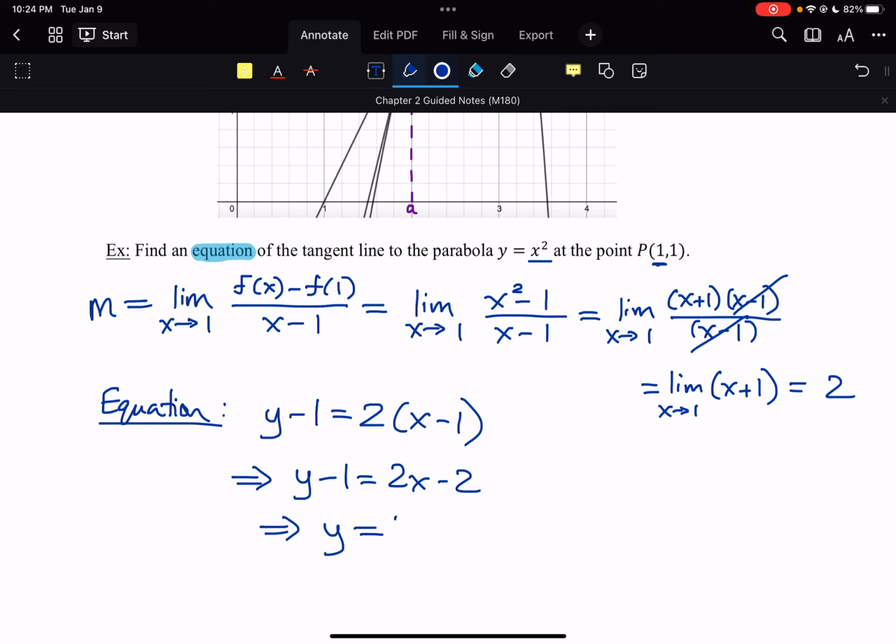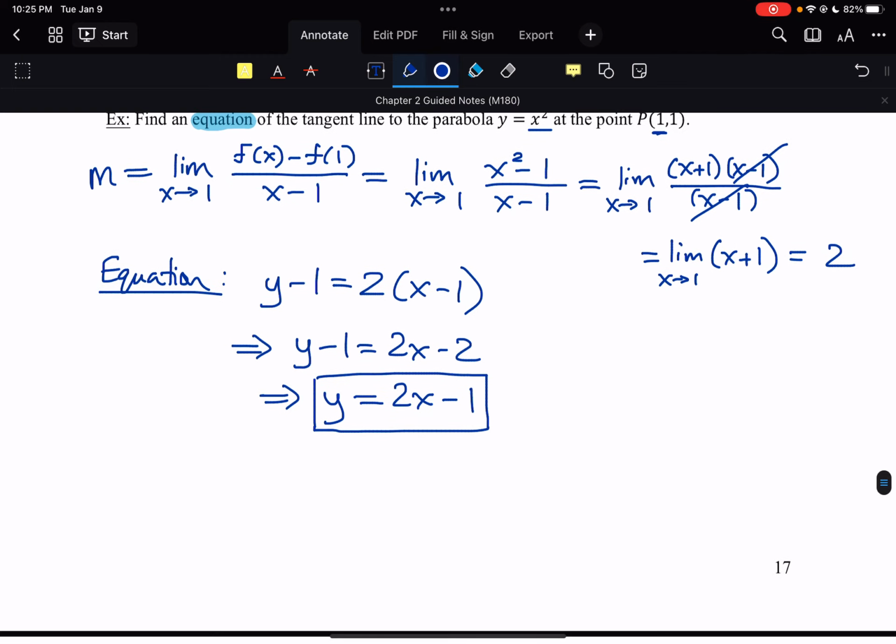Add the 1 over. We get y equals 2x minus 1. And that would be the equation of this tangent line, found by taking the limit of those average slopes, those slopes of the secants, until it gave us the slope of the tangent.